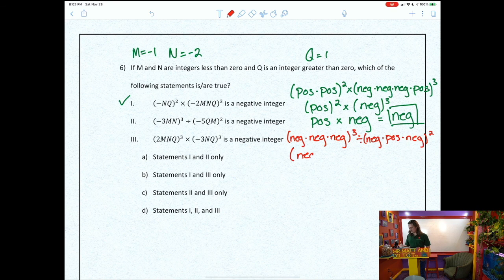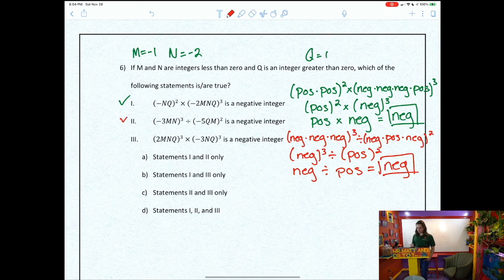So we're going to have a negative cubed, divided by a negative times a negative, that's going to be a positive, and that's still squared. A negative cubed is going to remain negative. A positive squared is positive. A negative divided by a positive is going to be negative. So statement 2 is true.